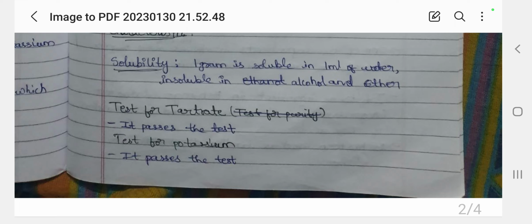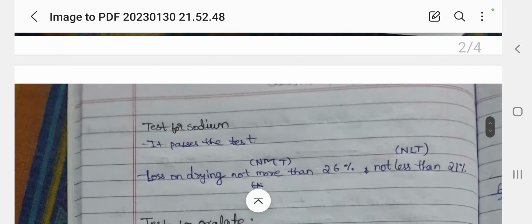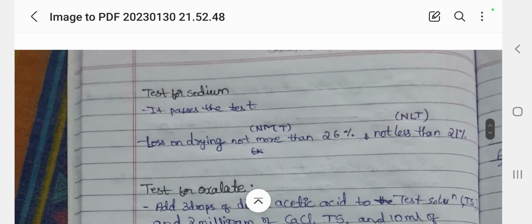So here the test for tartrate passes the test, and the test for potassium also. That means there is no impurity present in the form of potassium or tartrate, meaning it passes the test. And the next one is the same as the test for sodium.